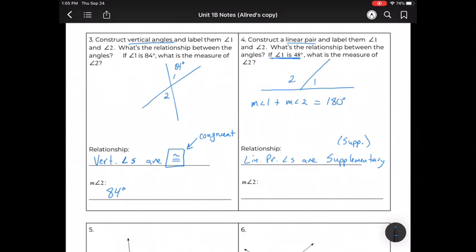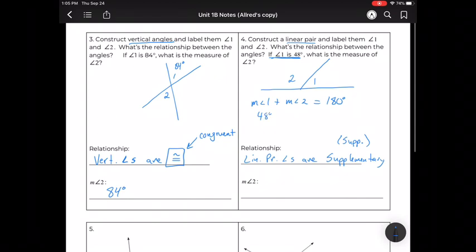Well, I know the measure of angle 1 is 48. Okay, if I'm just going to call this my unknown x, I'm just going to pick something for it. To find this then, I do subtract 48 from both sides. And when you do 180 minus 48, the measure of angle 2 then is 132 degrees. Okay?